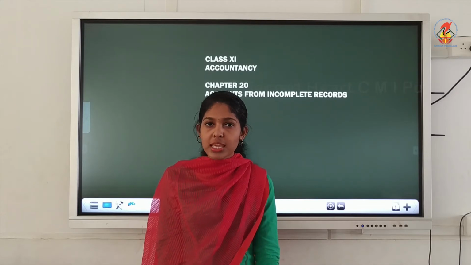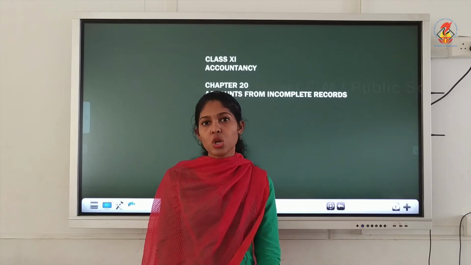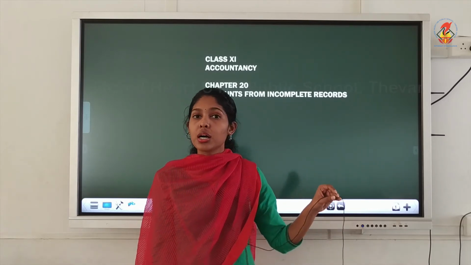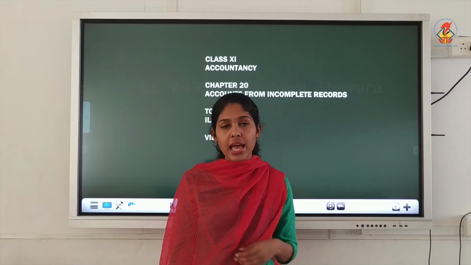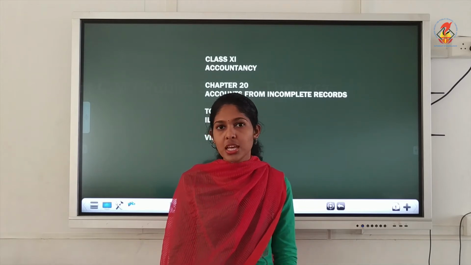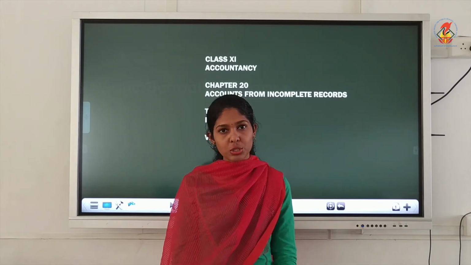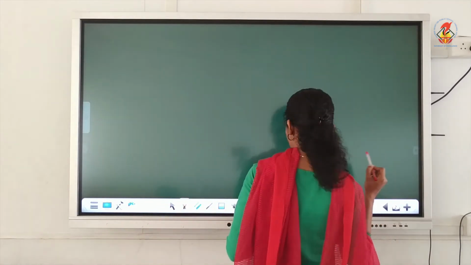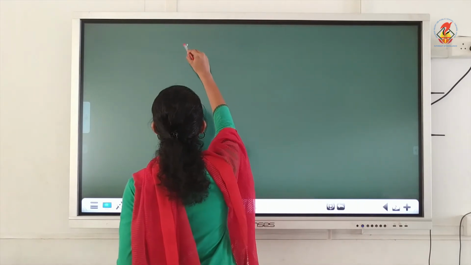So first what we have to do is compute the closing capital and opening capital. For that we'll do opening statement of affairs and closing statement of affairs, so that we'll get opening and closing capitals. First, opening statement of affairs.